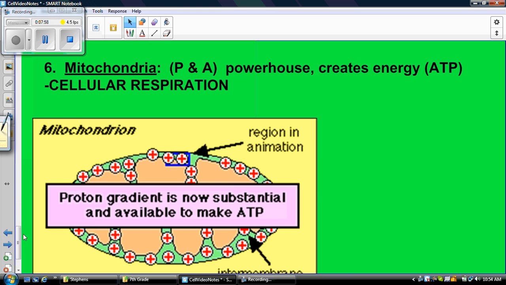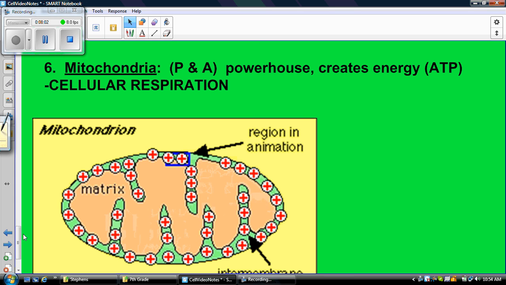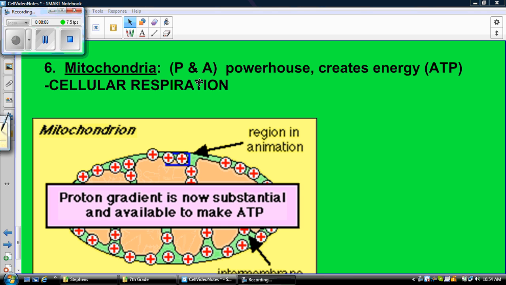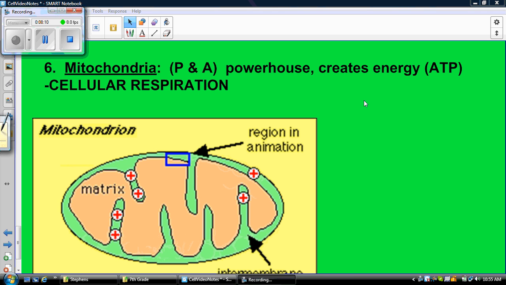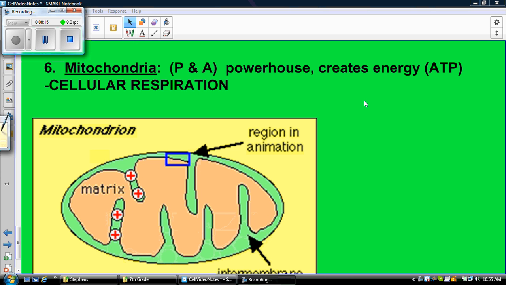The mitochondria is found in both plant and animal cells. It's called the powerhouse of the cell because it creates energy. Okay, so the mitochondria creates energy. We call that energy, it's in the form of ATP, which stands for adenosine triphosphate. This is where the process of cellular respiration occurs.